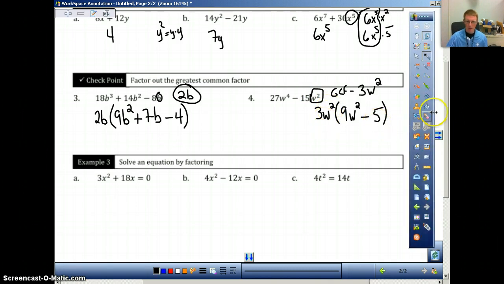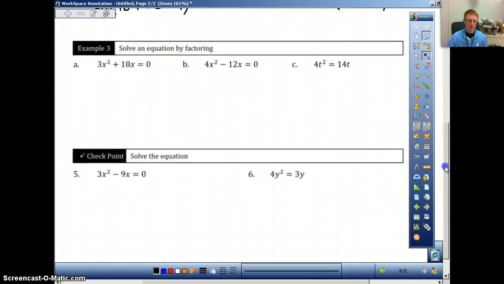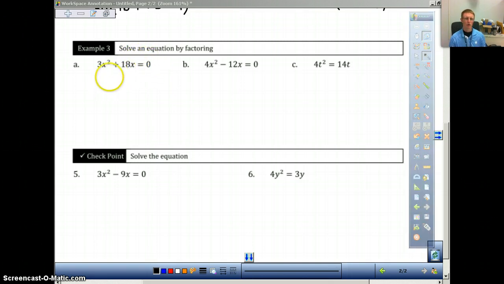Okay? So now what I want to do is let's get into exactly why we're doing this. So we're trying to solve for zeros, and the only way we can solve for zeros is by factoring. So that way it will look similar to what it did on the front side of this page. So the first thing we do is we're going to factor this by finding our GCF. So our GCF here is 3. 3 is the greatest common factor of 3 and 18.